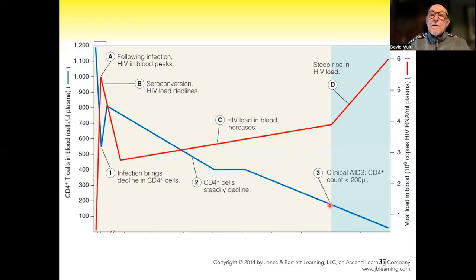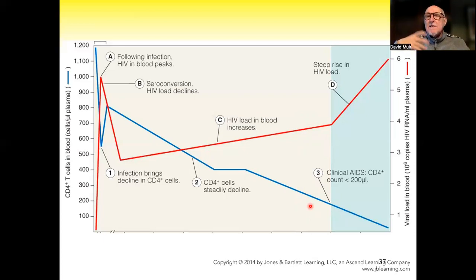The normal CD4 cell count is between 1,000 and 1,200 per microliter. And the amount declines slowly, and people may start to suffer symptoms around about here. They may start to notice that it takes them longer to recover from ordinary viral things like a cold or whatever.